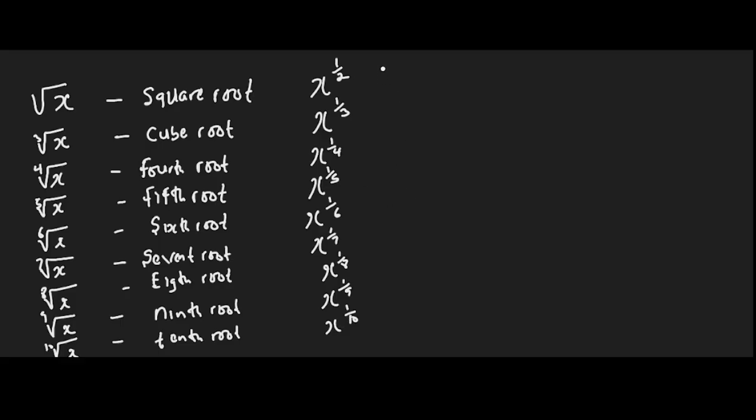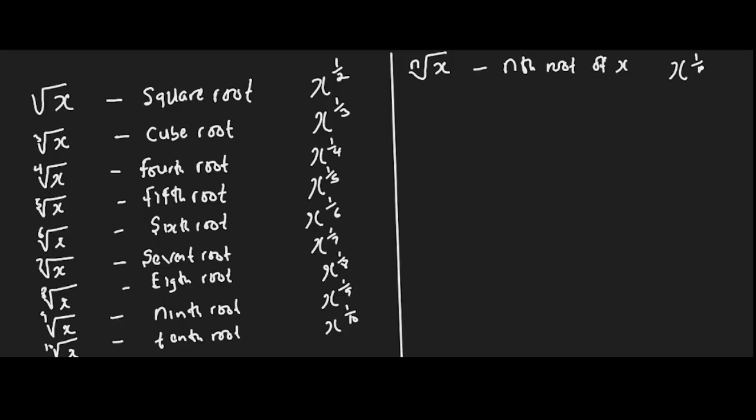Here, if the index is n, where we have n here, we are going to call it the nth root of x, which means x raised to power 1 over n.